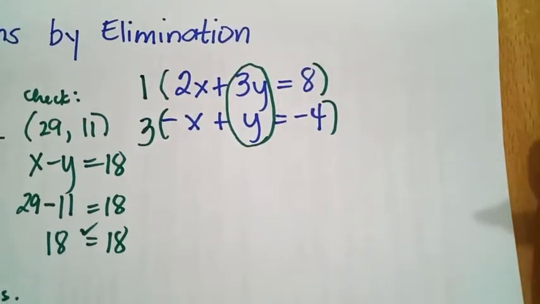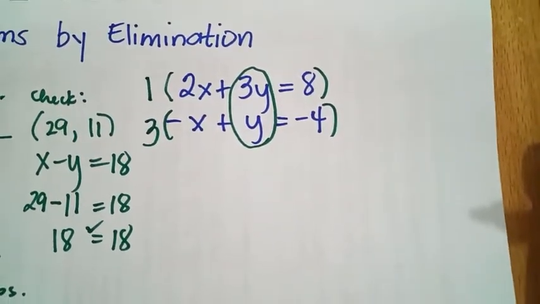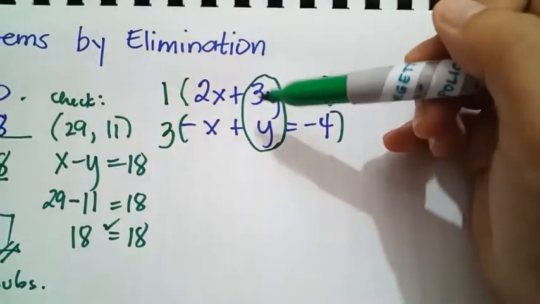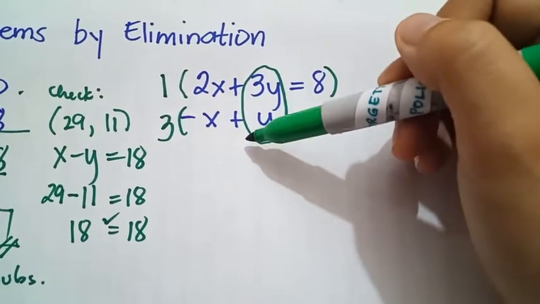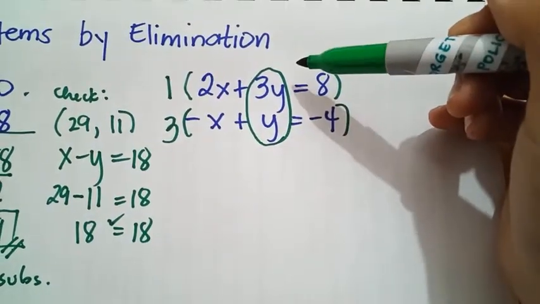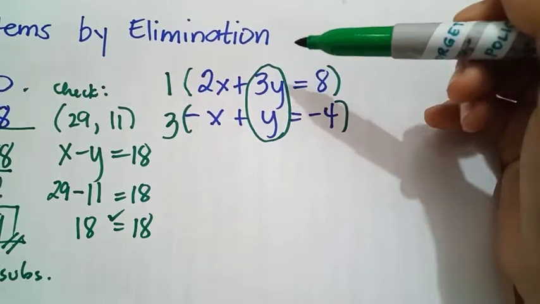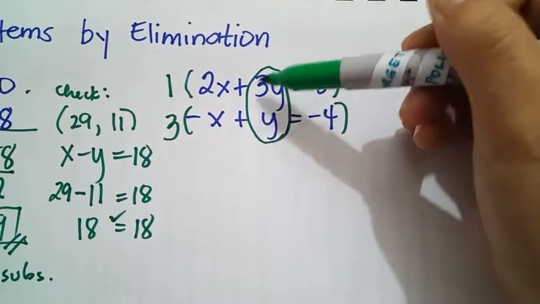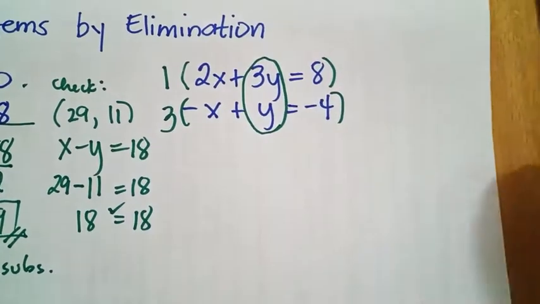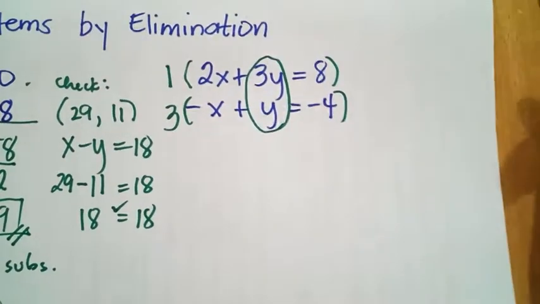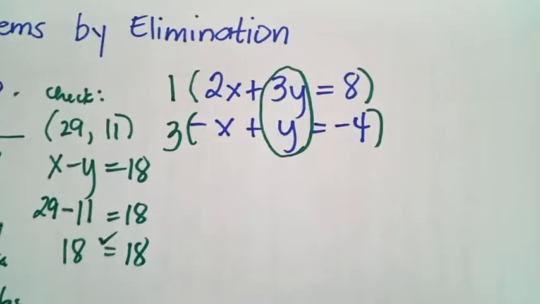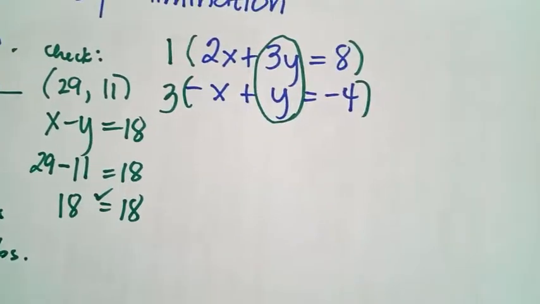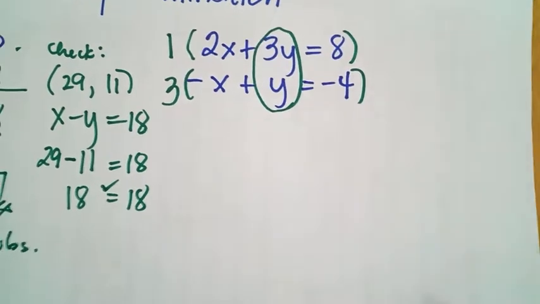But if you have numbers having LCM, if we have here 6 instead of 3, then only the first equation will be multiplied by 2, and do not multiply the second by 6. Kasi medyo malaki yung number, although walang problema dahil dadating ka rin sa tamang sagot. And it will make your solving a little bit more difficult.